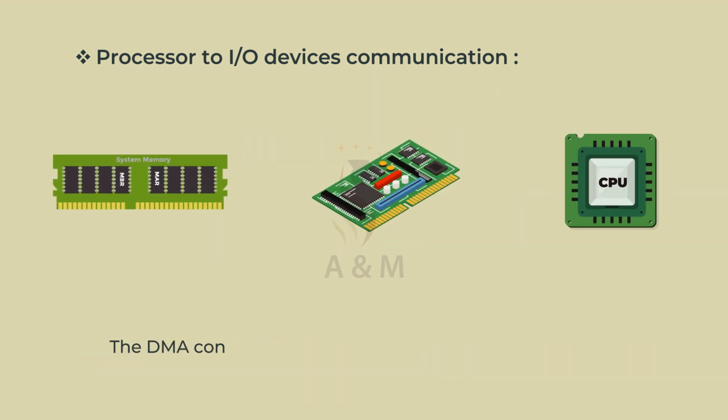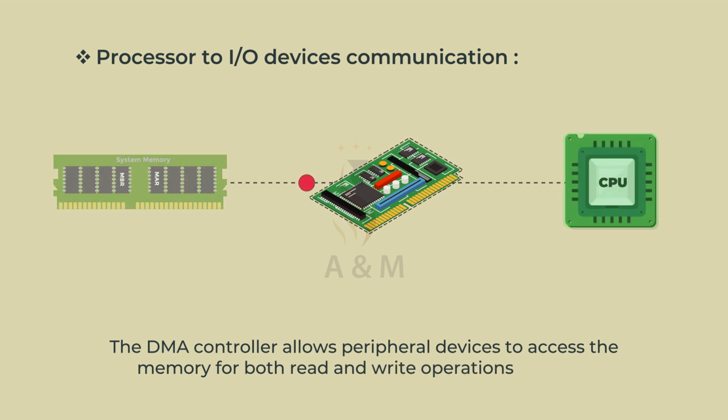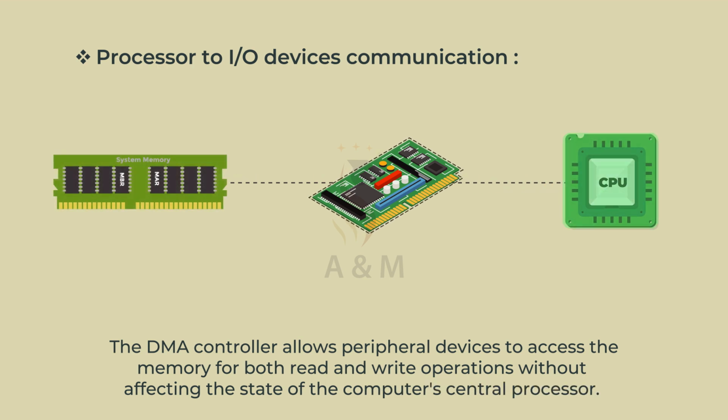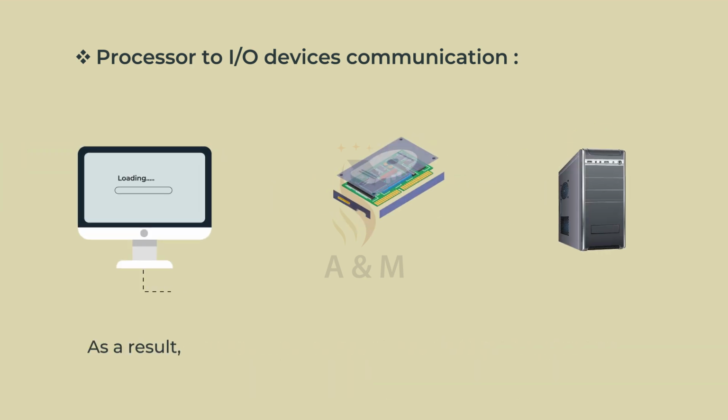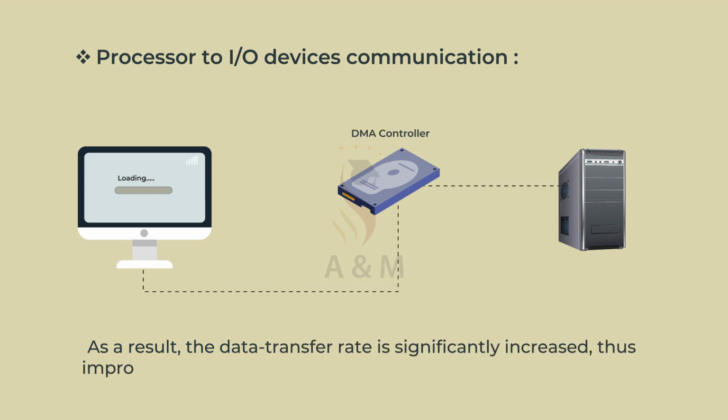The DMA controller allows peripheral devices to access the memory for both read and write operations without affecting the state of the computer's central processor. As a result, the data transfer rate is significantly increased, thus improving the system efficiency.